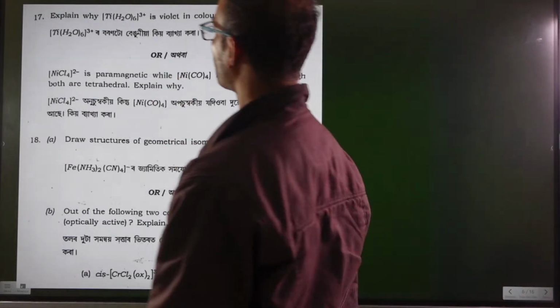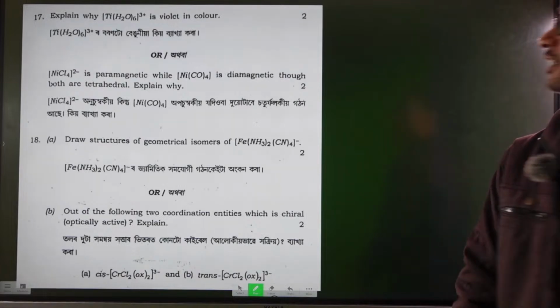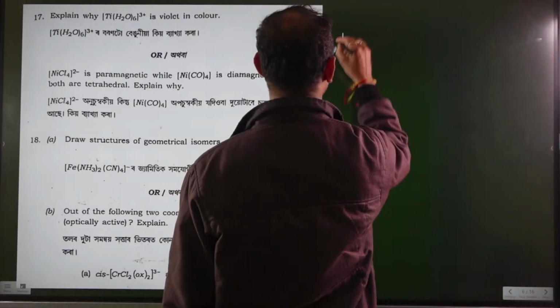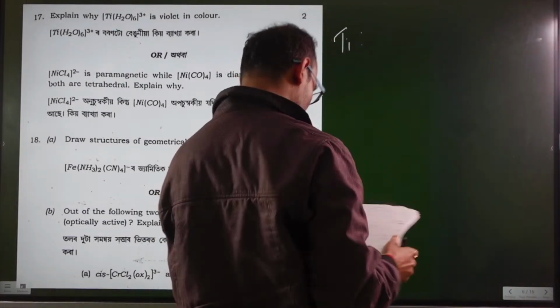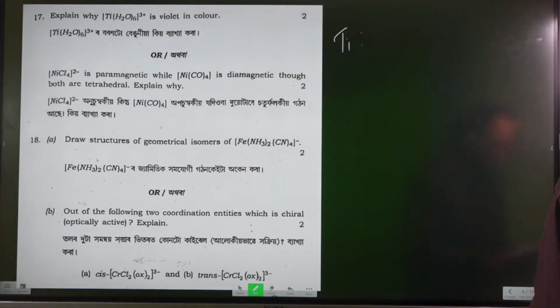And for this, explain why hexaaquatitanium 3 plus is violet in color. For titanium, you have to write the electronic configuration.